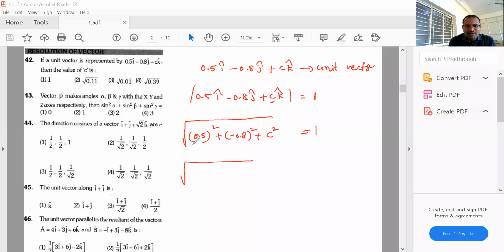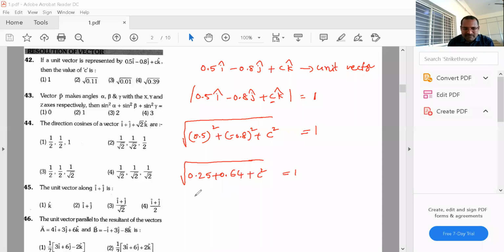It will become root of 0.5 whole square, which is 0.25. 5 square is 25, yes. After 2 digits we should keep the decimal point. Minus 0.8 squared: minus of minus is plus. 8 square is 64, so it becomes 0.64, plus c square is equal to 1. You should be fast in mathematics.